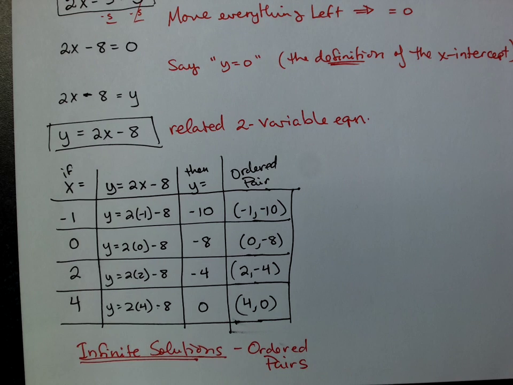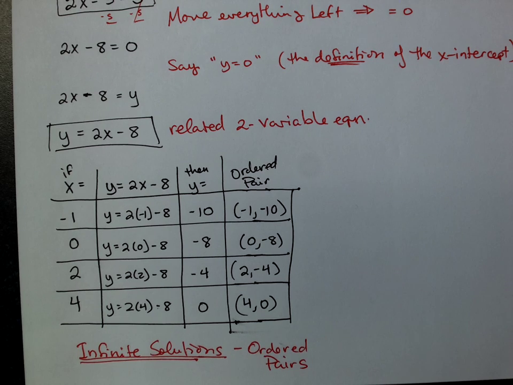So, infinite possibilities of what we could choose for x, but when we chose these x's and applied the rule of the equation to them, it spit out these y's. Those x's and y's are related. They form an ordered pair, and when you plot those ordered pairs, what do you get? A line, right.